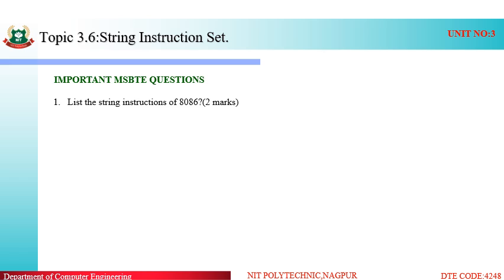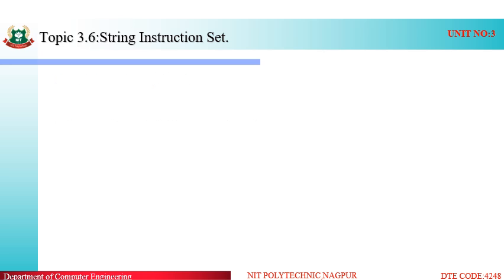So these are not very important, but we have to study them in case any program is given in the MSBTE exam, so we can solve the string related instructions. Important MSBTE related questions are: list the string instructions, explain the repeat instruction and the MOVS instruction. MOVS means move string, size is not specified.